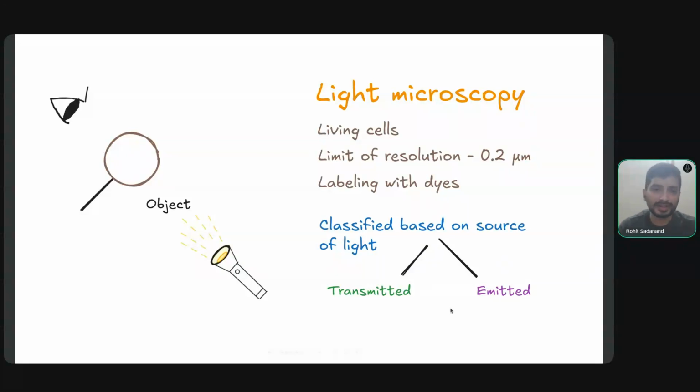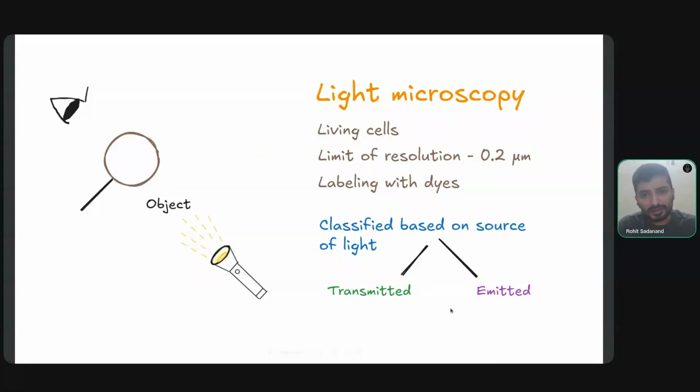So while that is great that it allows us to look at things that are very small for us to see with our own eyes, it is actually not good enough to look at really small things like the ribosomes or individual strands of the DNA. And while I'm saying this, can you believe that there actually exist microscopes that can look at the individual strands of DNA? That is crazy, right?